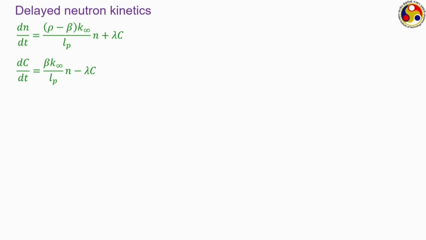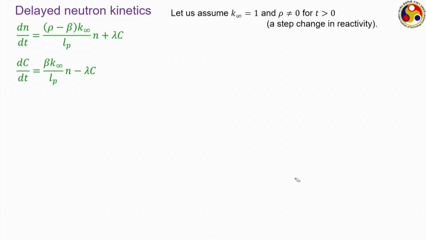The second equation, dC/dt, represents the rate at which the concentration of the delayed neutrons changes. The first term on the right hand side represents its rate of production and the second one represents the rate of decay. Now, let us assume k infinity equal to 1 and rho not equal to 0 for t greater than 0.